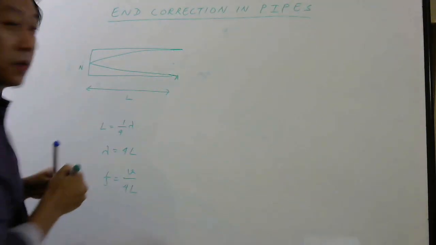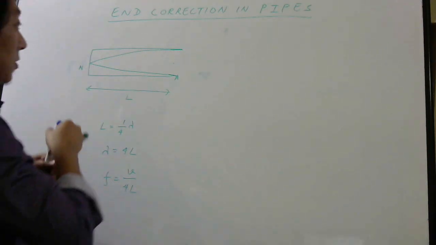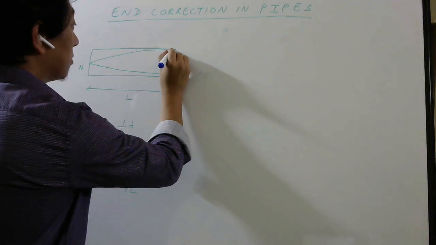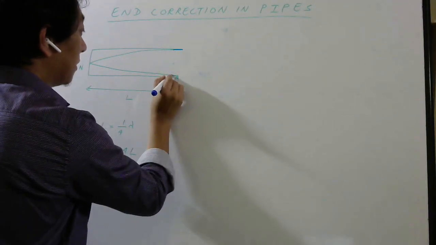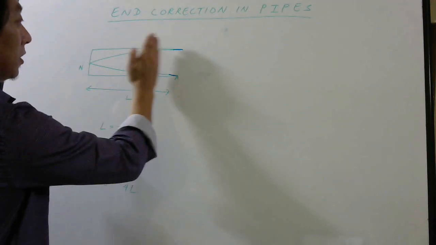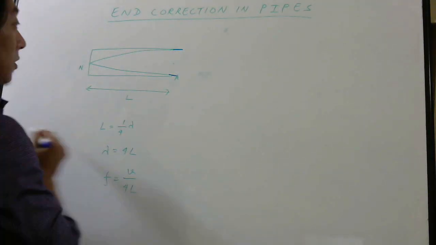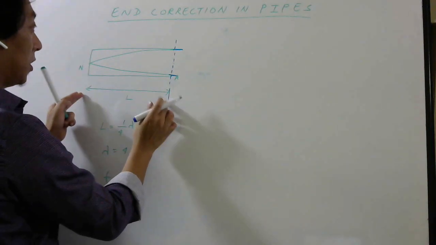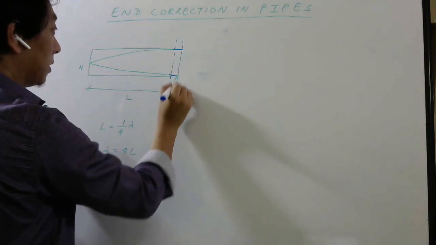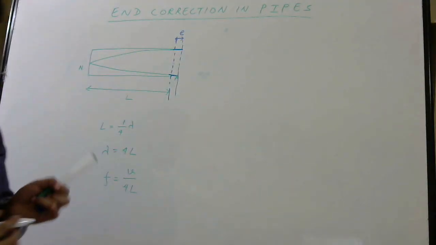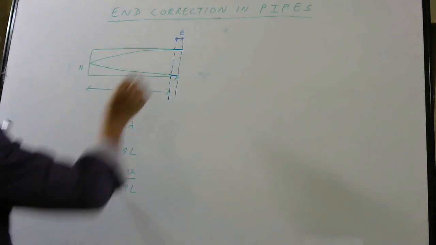Let me try to draw this with a different color. Slightly, a little bit outside, you expect the oscillations to continue. If this is the length of the pipe which we assumed, this much will be the end correction, E we write. So E represents the end correction.